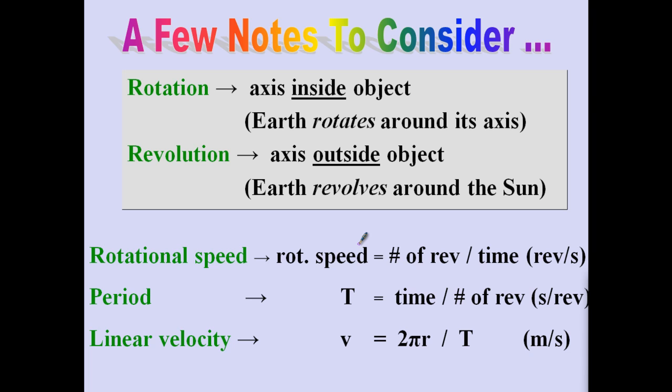So rotational speed can be found by the number of revolutions divided by the time, so the revolutions per second. The period is just going to be the inverse of this rotational speed, so it's time divided by number of revolutions. And our linear velocity, as I said before, is 2 pi r, because that's the distance we go around a circle, the circumference of a circle, divided by our period.